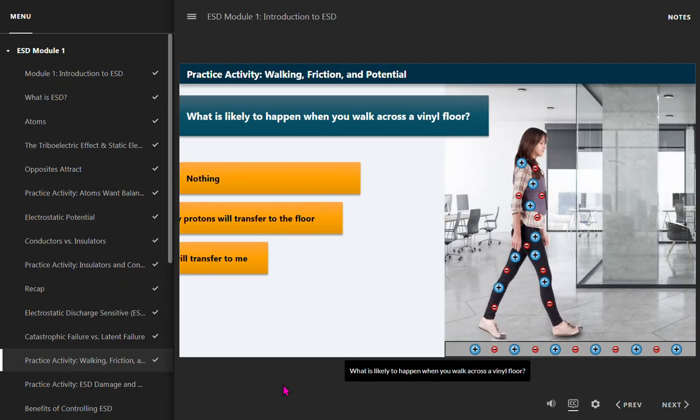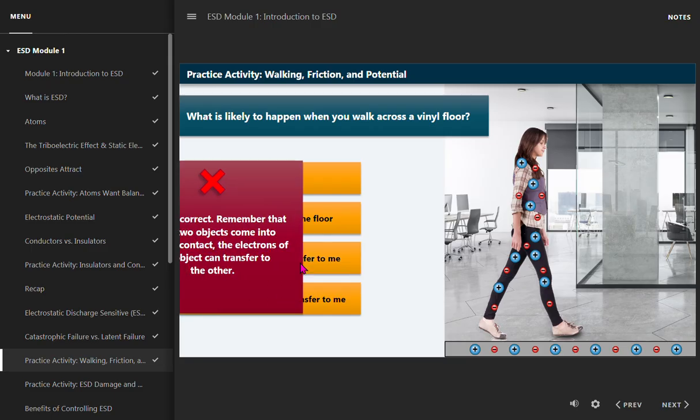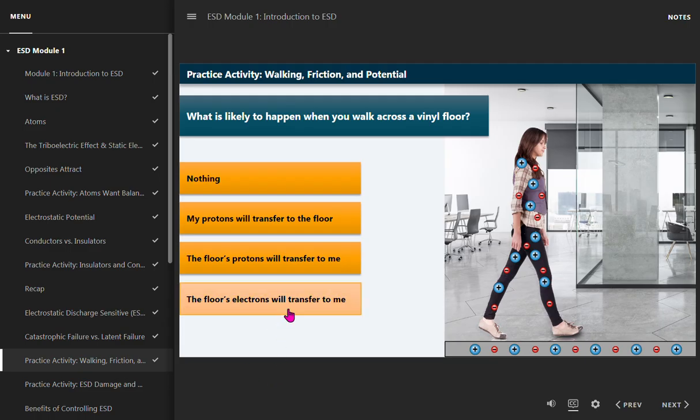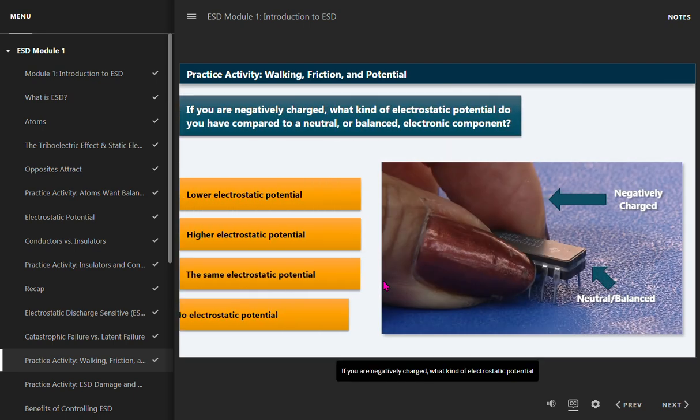What is likely to happen when you walk across a vinyl floor? Click the correct response. If you are negatively charged, what kind of electrostatic potential do you have compared to a neutral or balanced electronic component?